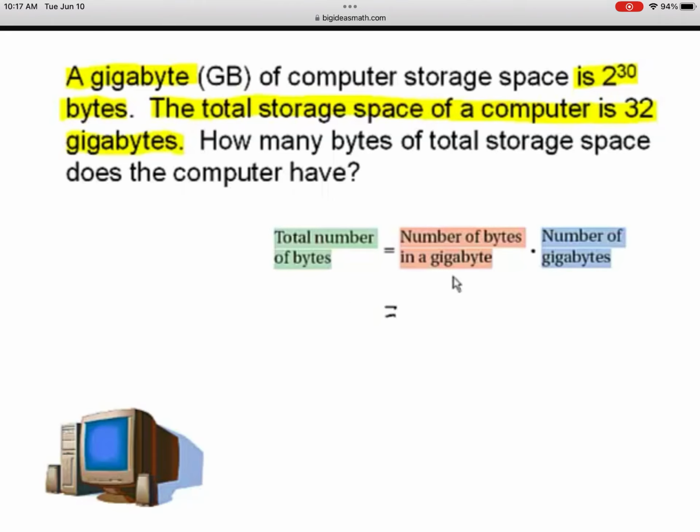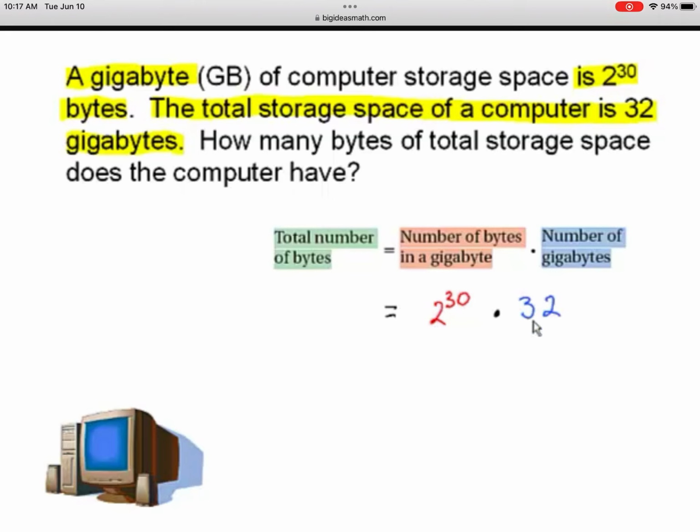The number of bytes in a gigabyte is 2 to the 30th. And the number of gigabytes of total storage space is 32 gigabytes. To multiply these terms, we want to write 32 as a power with a base of 2.